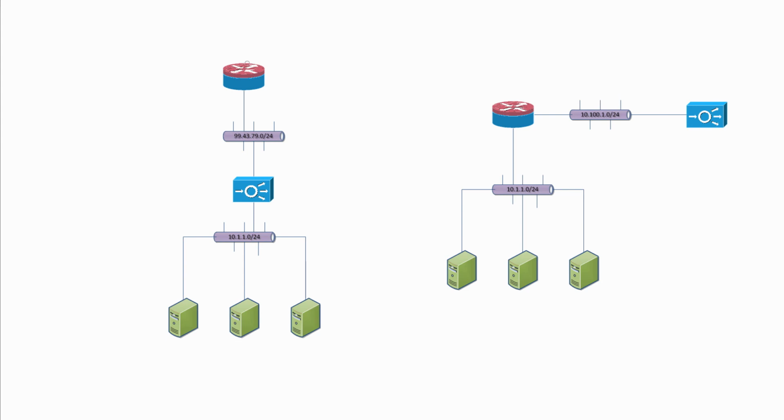But the concept of why you need it is that, let's say a user comes in, hits the site, hits the VIP, and we load balance them to server 3. And they are shopping. The classic example is they're at a shopping website, they put things into their cart, and then they walk away and go do something else and come back. Now in that time that they walked away, this connection has timed out.